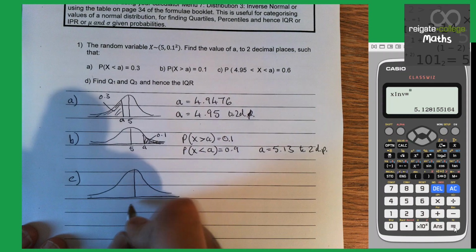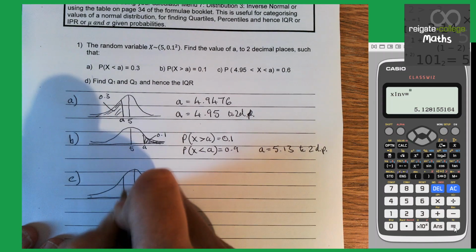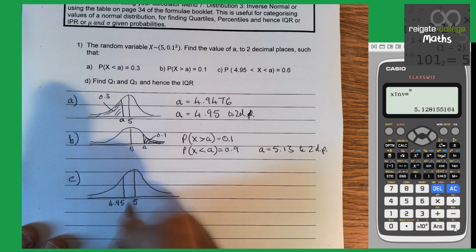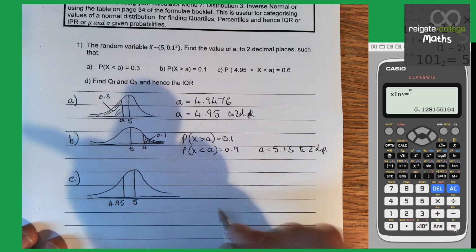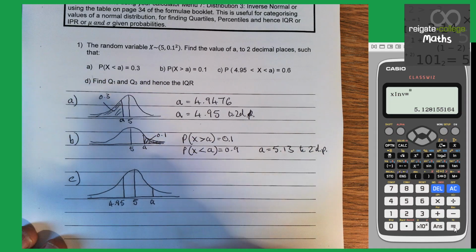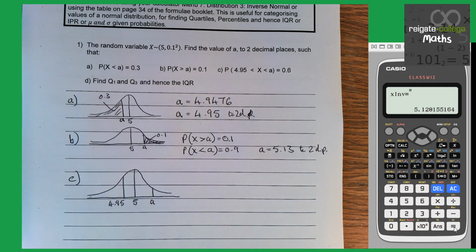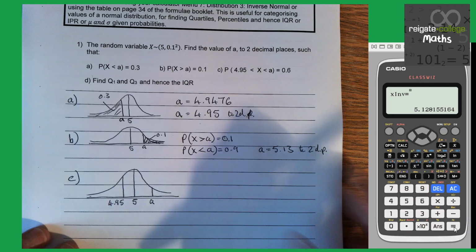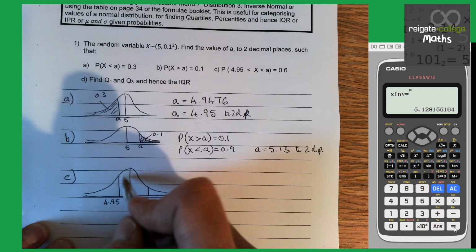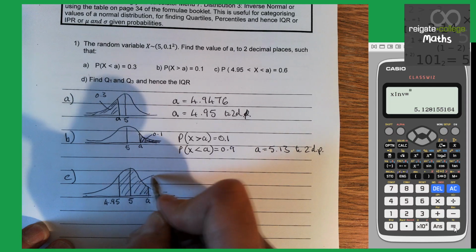We've still got 5 there, we've got 4.95 there, and we want a to be somewhere over here, with this area being 0.6.